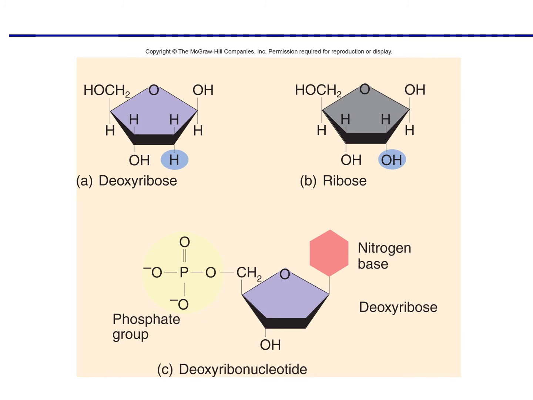So the nucleotide in figure C is one that uses deoxyribose as the sugar. It has a phosphorus-containing group attached to it, just like phospholipids did, that helps make nucleotides water-soluble. And then there's a variable part called the nitrogen base, and that's where we get those 5 different kinds of nucleotides, A, T, G, C, and U. Those are the nitrogen bases.